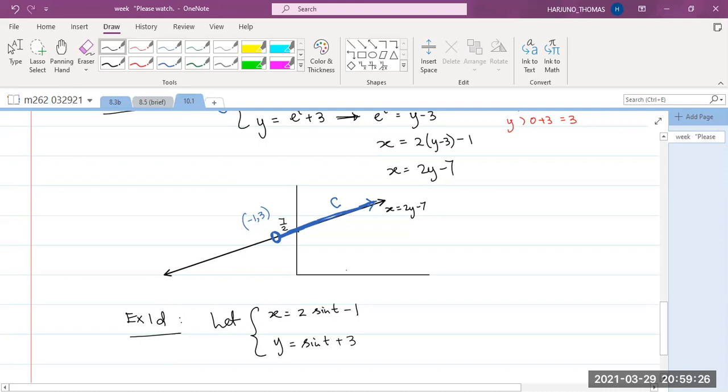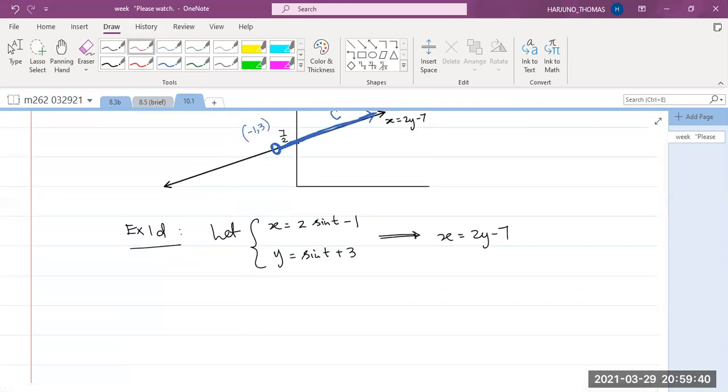When you eliminate the parameter, you get the same thing: X equals 2Y minus 7. But notice that if you look back here, for any t, your X will be between -3 and 1.